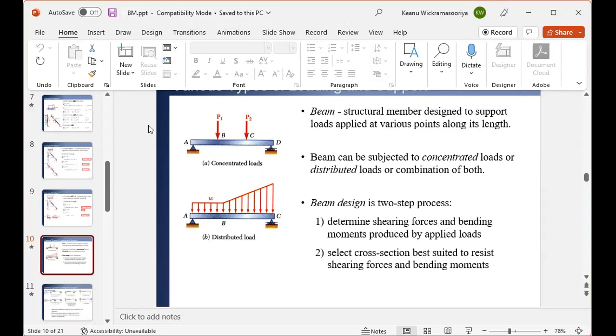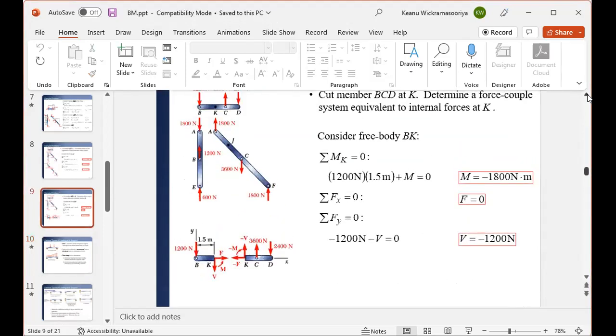Okay. Now let's see how we can compute this force and the moment. The first part of the slides covers how to calculate the external forces, and when you make a cut at some point, how to calculate the internal forces.